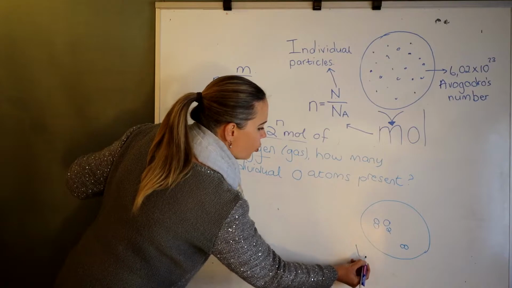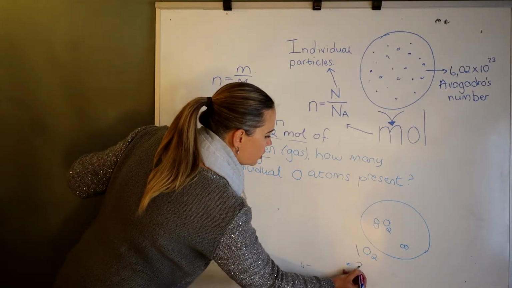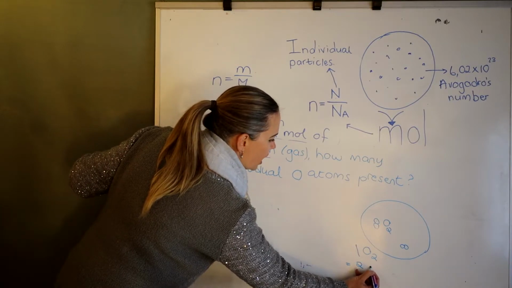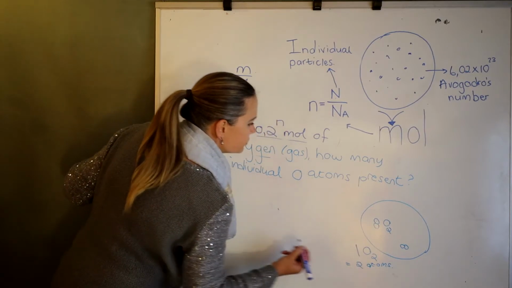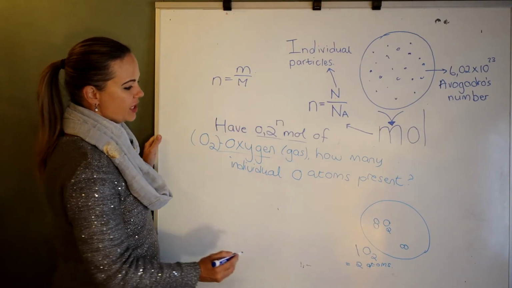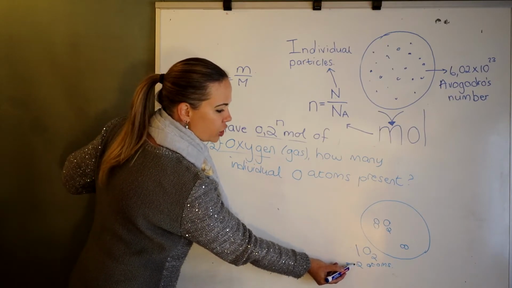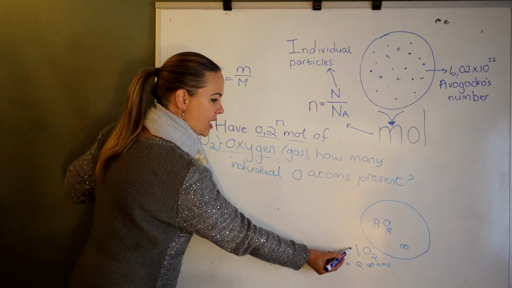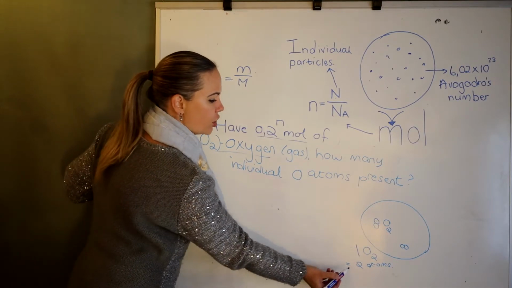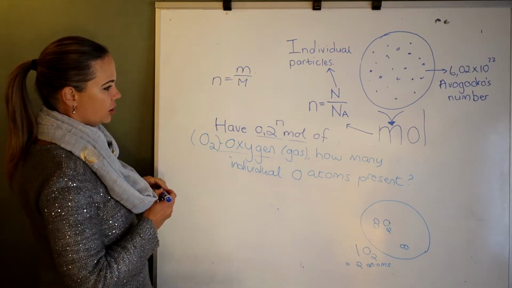So for every one molecule, there will be two atoms. That also means that for every 1 mole of oxygen, there will be 2 moles of oxygen atoms. 1 dozen oxygen molecules will be 2 dozen oxygen atoms.